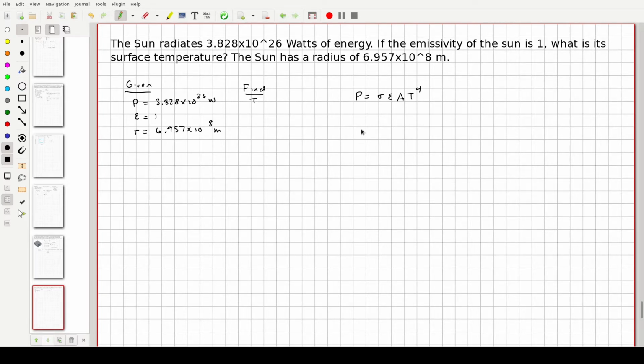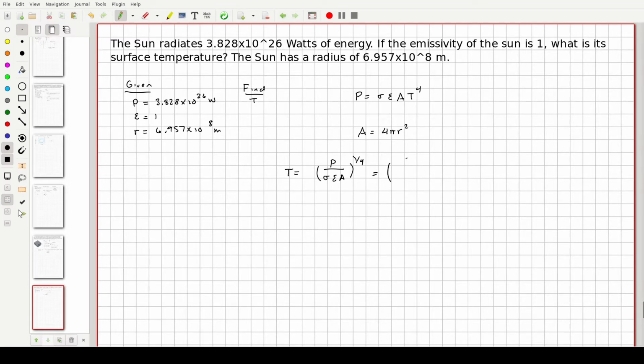So in this case, the area is 4 pi r squared, and the r here is the radius of the sun. We know the power, we know its emissivity, we know everything here now except for the temperature. So, if you solve for the temperature, it is going to be the power divided by sigma epsilon A, to the 1/4 power. Okay?